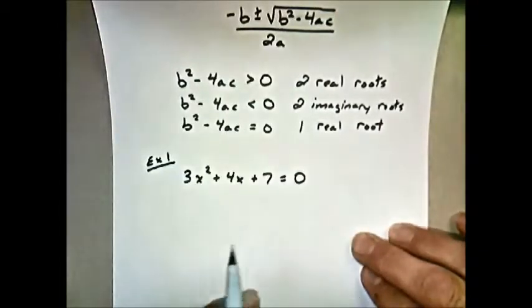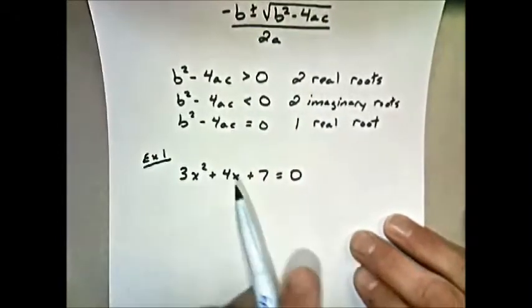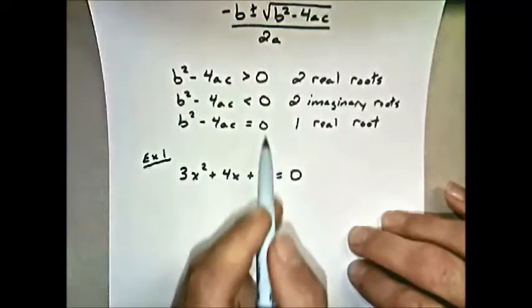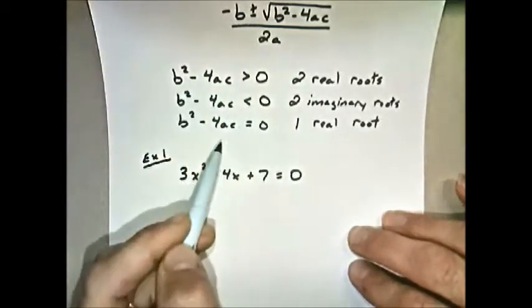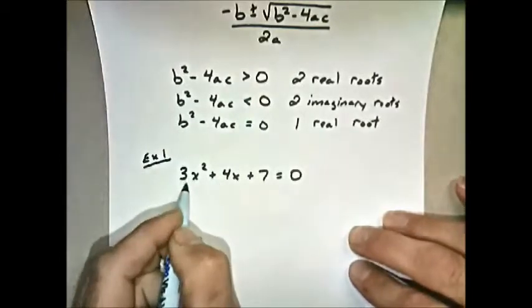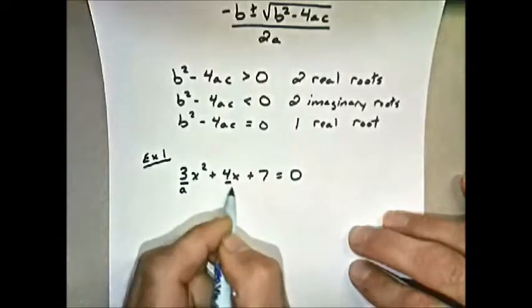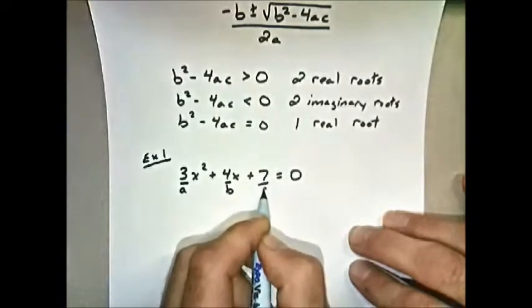Notice it's already equal to 0, so I can use my quadratic formula. If it's not equal to 0, we need to make sure that it does. So we're going to simply look at this b squared minus 4ac, remembering the first term's coefficient is a, the second term's coefficient is b, and the third coefficient is c.